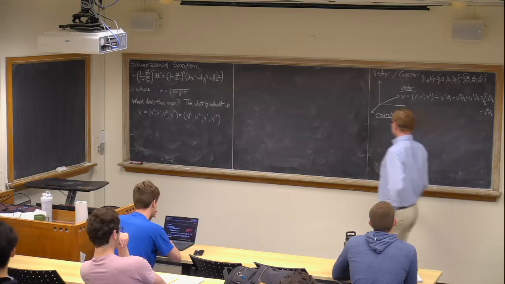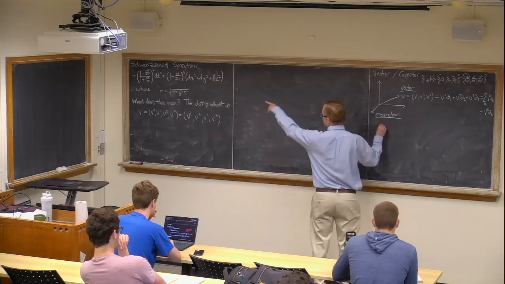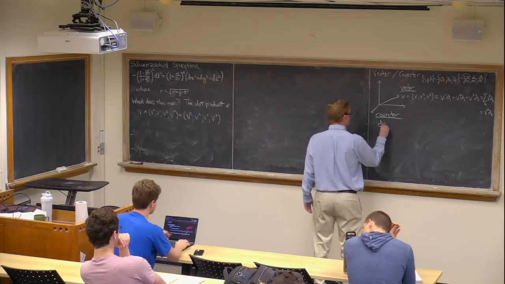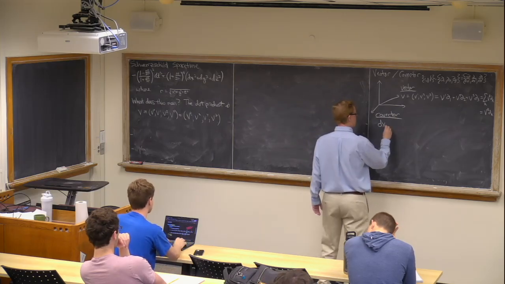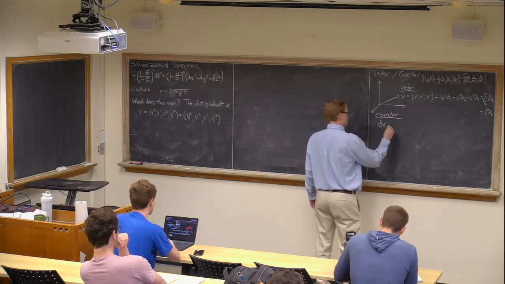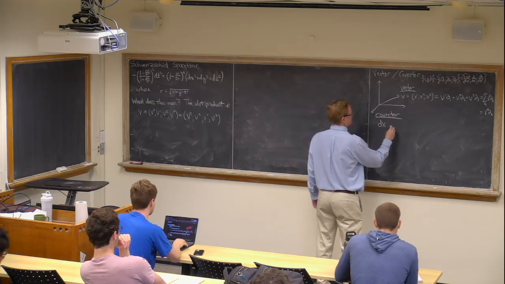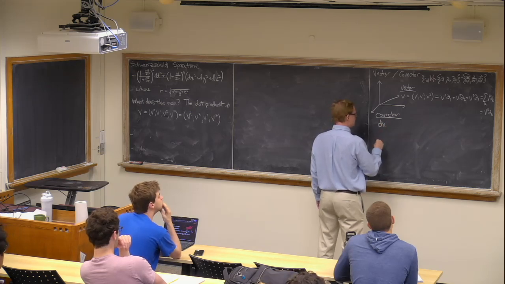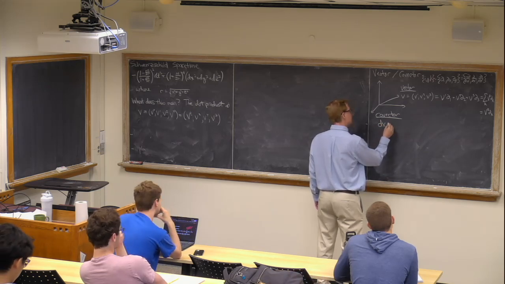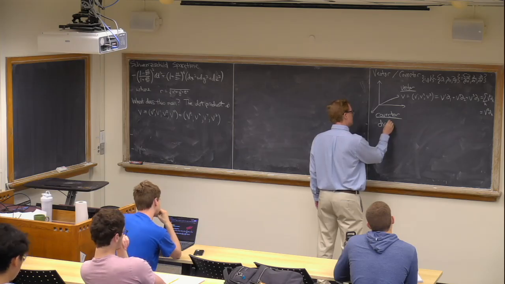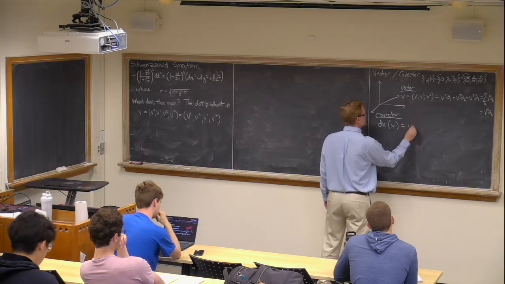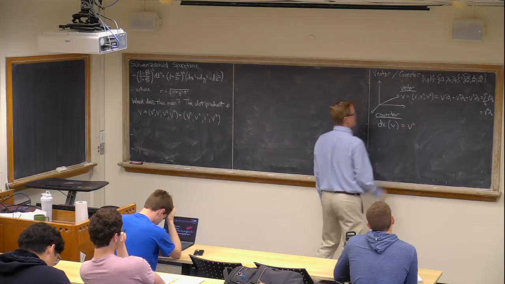Okay, what's a covector? Well, this is d stuff. I've just been writing it, but what is d? What is dx defined to be? dx, what you do is you put in a vector, and what it equals is the x coordinate of v.